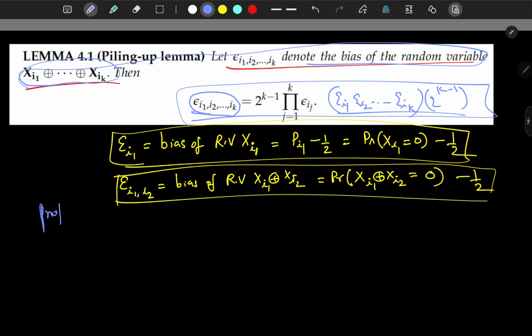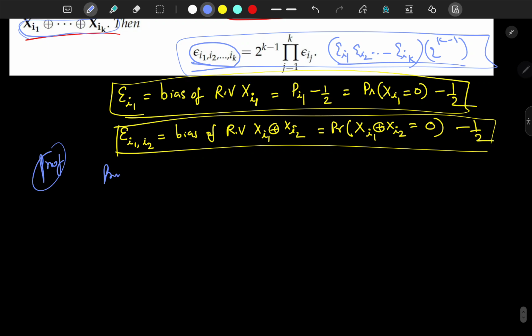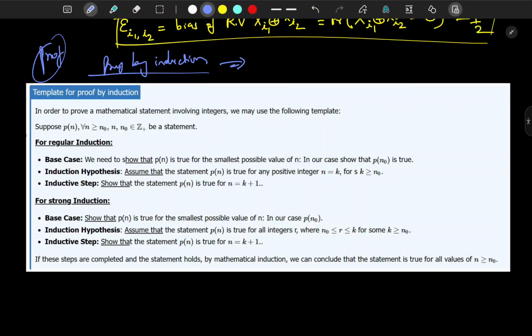So now we will prove it by induction. Proof by induction you can read yourself on the internet if you want. I could proceed directly, but you would become tense again, so I don't want to cause any fear.